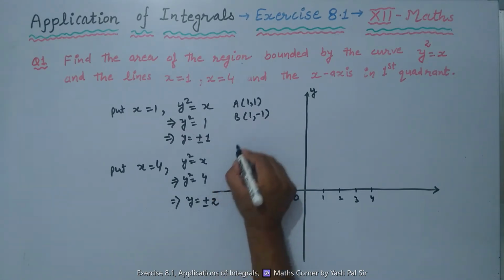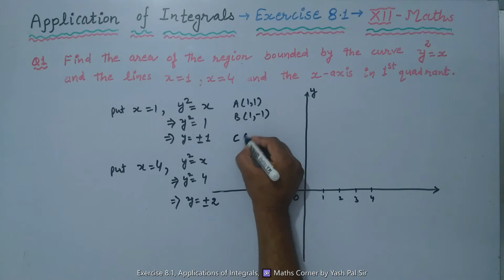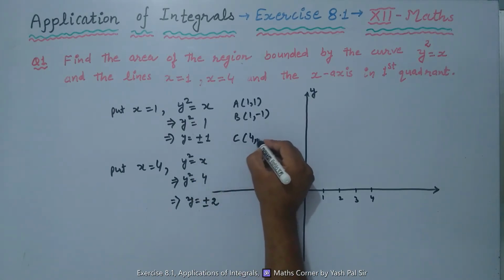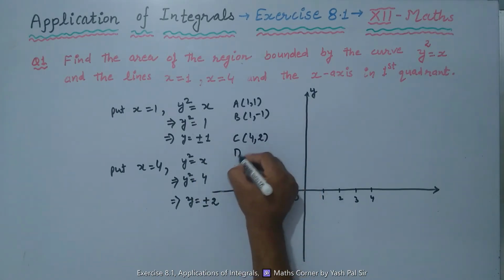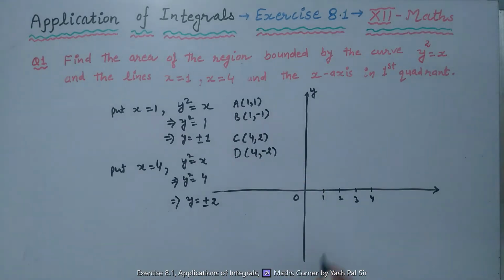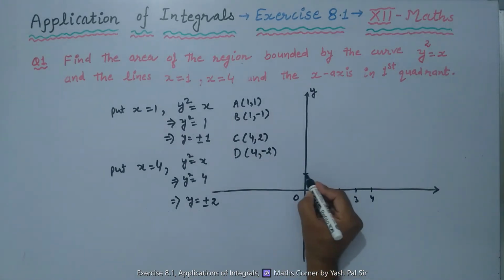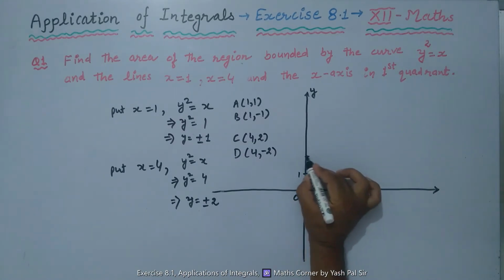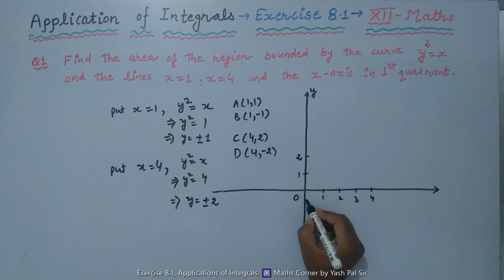So from this we shall have c point x is 4, y is 2, d point x is 4, y is minus 2. So this way we have y is 1, y is 2, y is minus 1, y is minus 2.